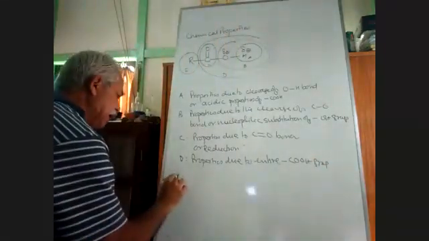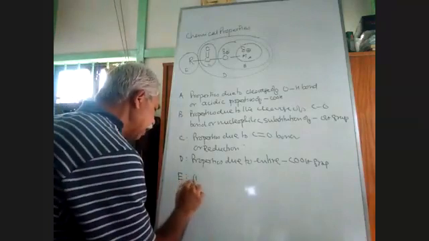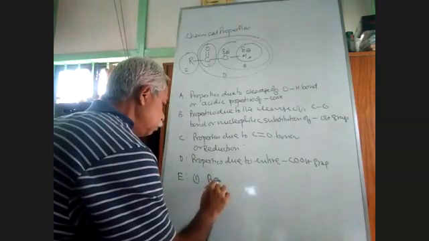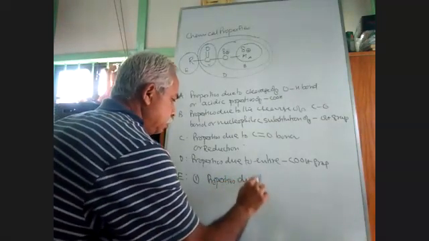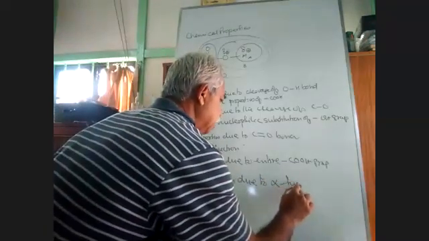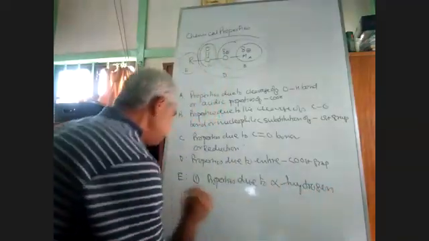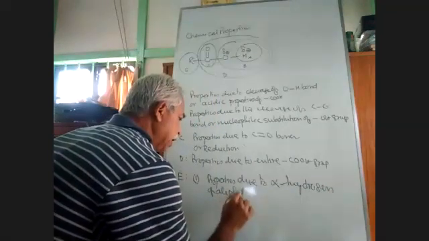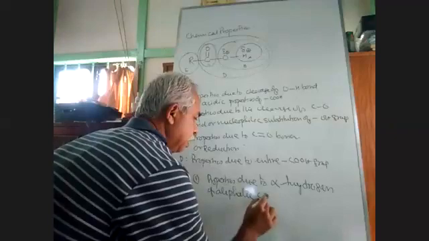Then we will go for E. We'll write here 1: properties due to alpha hydrogen of aliphatic acid.